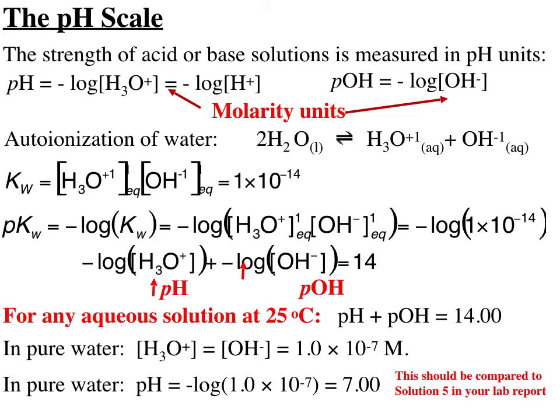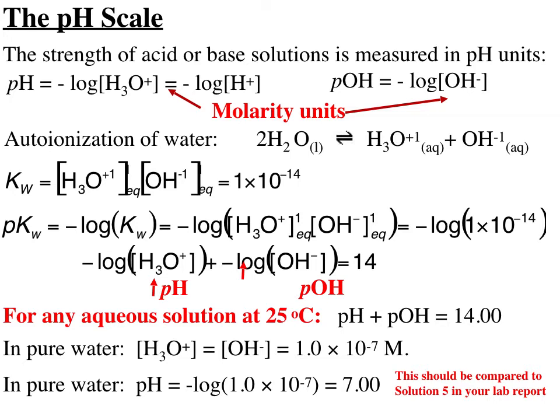The reason I put a P in front is just like the P in front of the terms for pH and pOH. pOH is minus the log of the OH, pH is minus the log of the hydronium, so pKw is minus the log of Kw. So I will take minus the log of 1 times 10 to the minus 14. That's really easy to do. Minus the log of 1 times 10 to the minus 14 is 14. So pKw is 14.